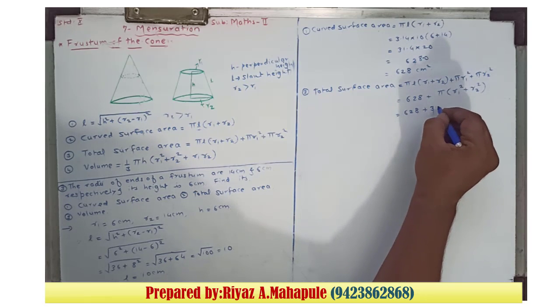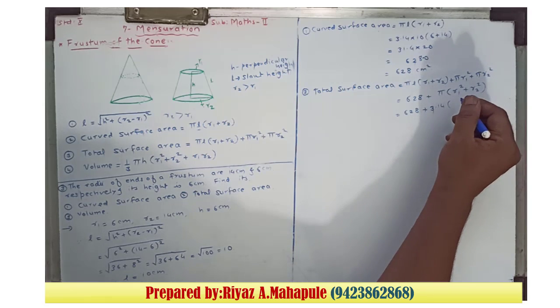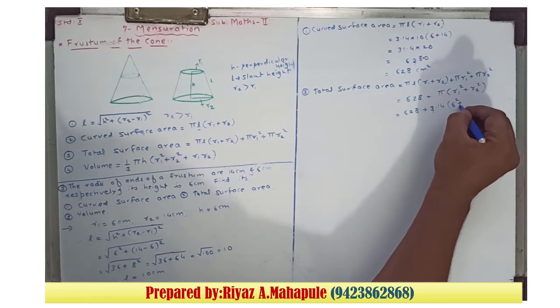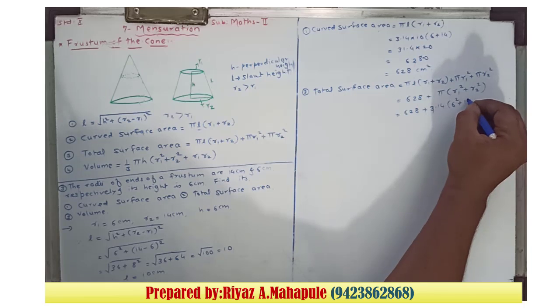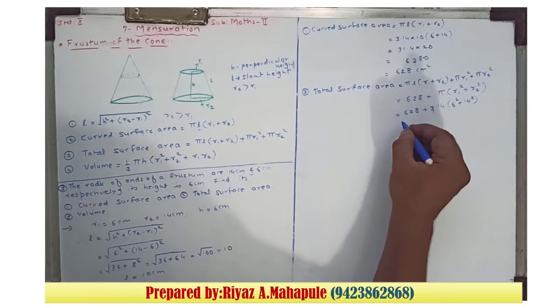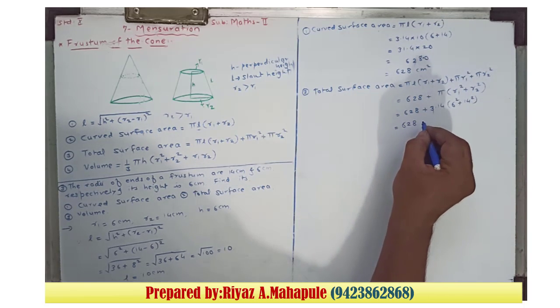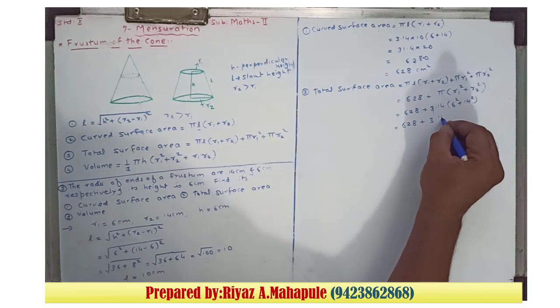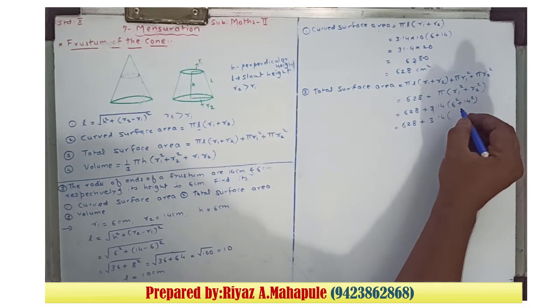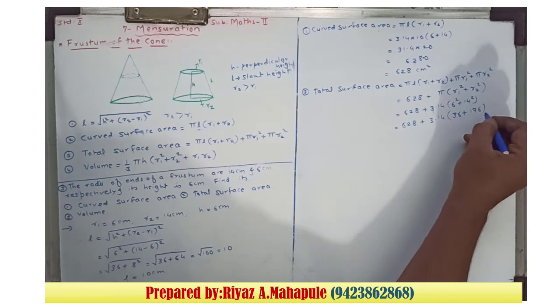The value for pi is 3.14, into (R1, that is 6 square, plus R2, that is 14 square). That is 628 plus 3.14 into (36 plus 196).